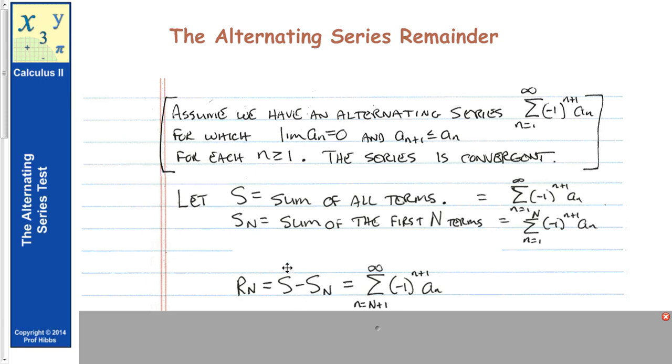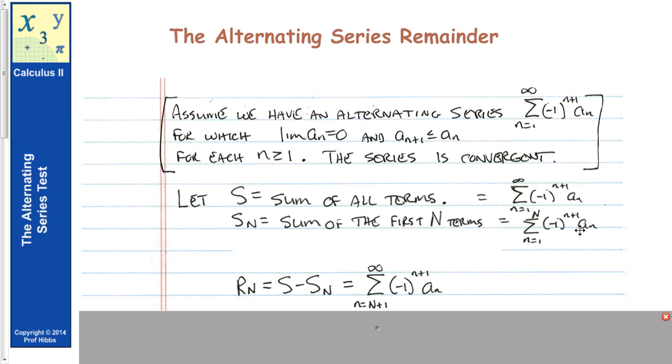So take the actual sum, subtract the estimate away, and R sub n is the error in our estimate: how far away we are, how much we're off.